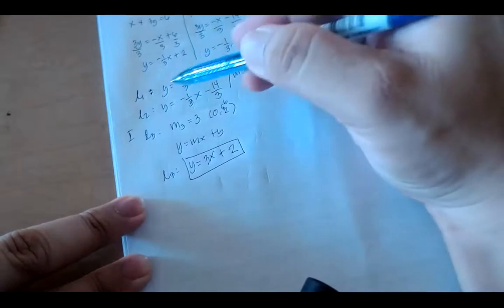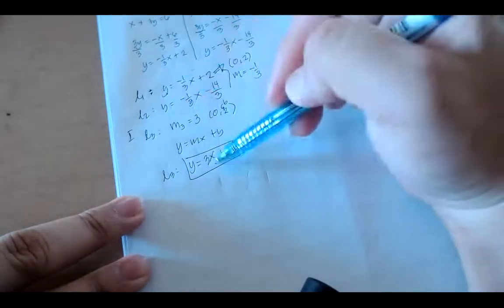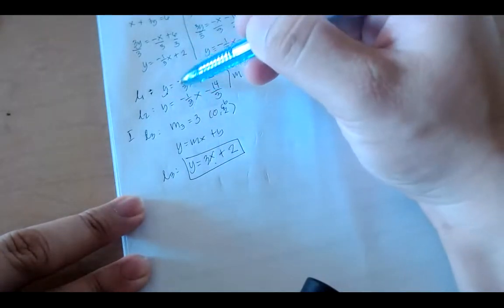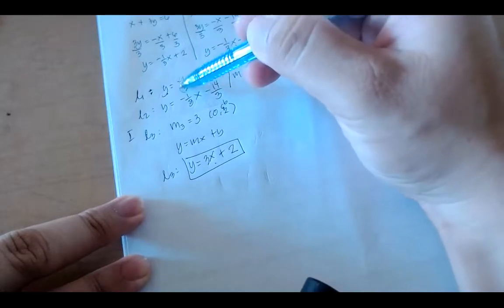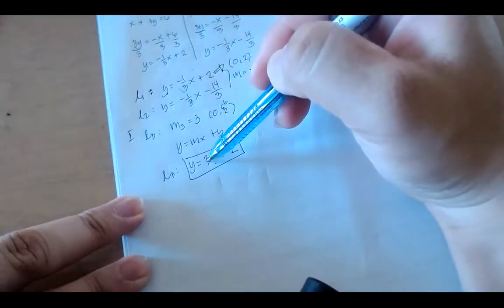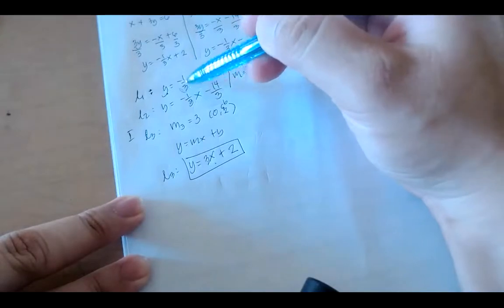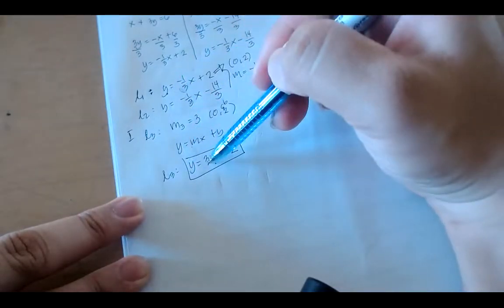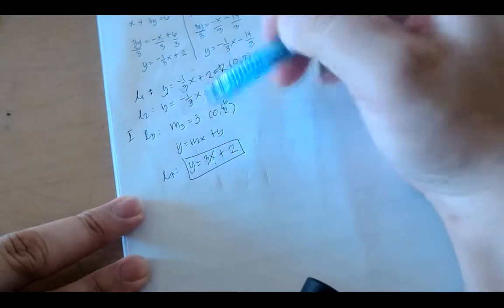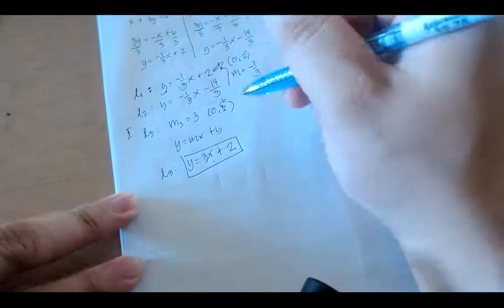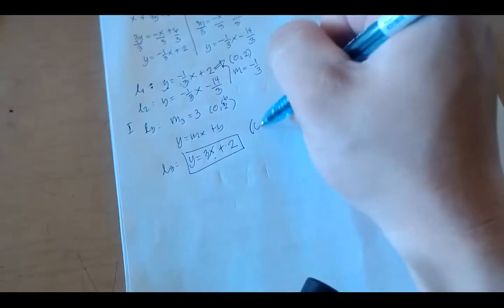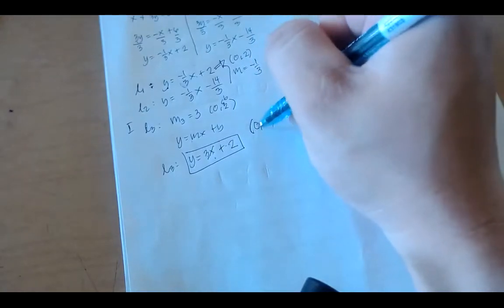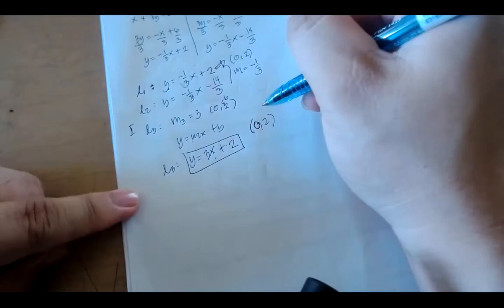If you look at the difference between line 1 equation and this, the only difference is the slope. And how to get the slope of the other equation is that it's just the opposite reciprocal of this. So y equals opposite reciprocal 3x plus 2, the same thing. Okay, so this 0, 2 is also the first intersection of the line.